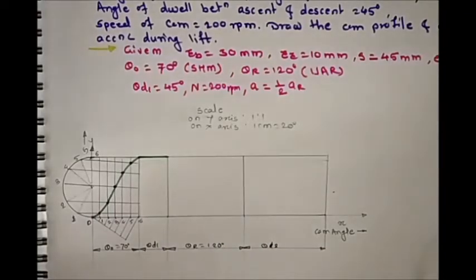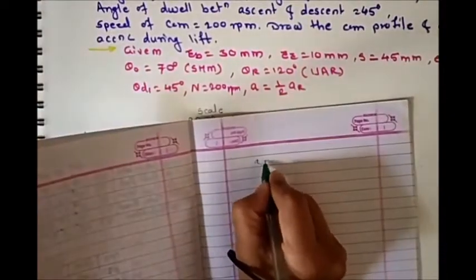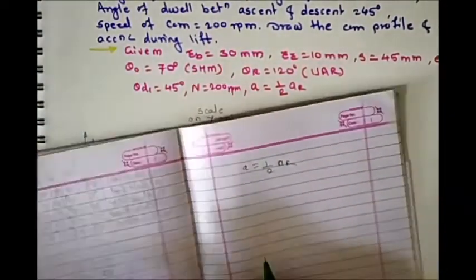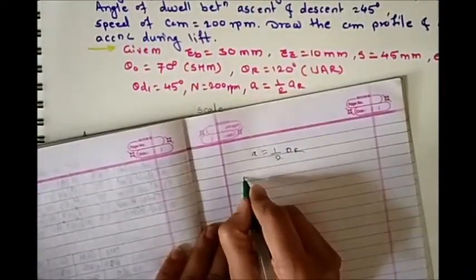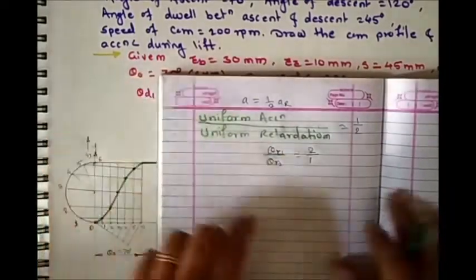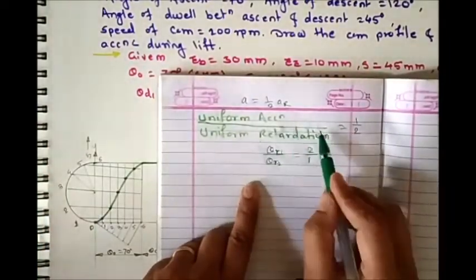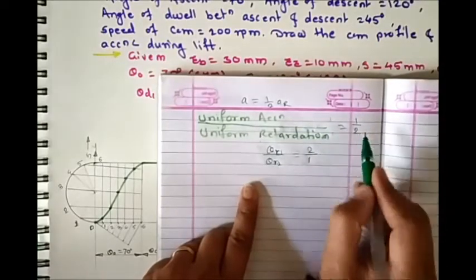Now let's calculate, because here they said acceleration is half of retardation. So here we have a upon ar is equal to 1/2.